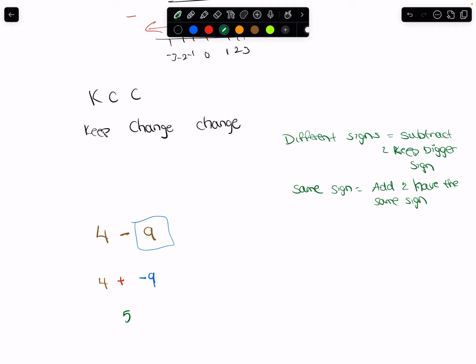We keep the sign of the bigger number. Keep bigger sign. Bigger sign follows the bigger number. And the bigger number between 9 and 4 is 9. So this will be not a regular 5, but a -5. I hope this is helpful for you so far.